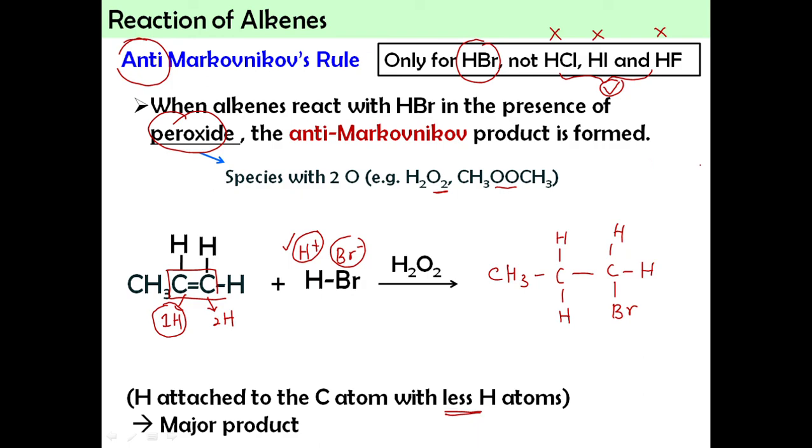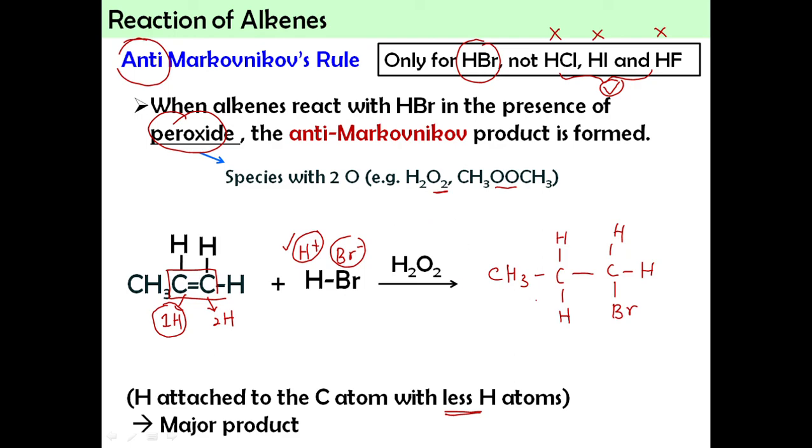Okay, so saya dah go through all 5 reactions plus 1 for anti-Markovnikov. Okay, so total reactions untuk alkene dalam video ini adalah 6 reactions. Okay, so hopefully boleh faham semua reactions. Saya rasa paling senang untuk awak ingat adalah cari carbon-carbon double bond dulu.